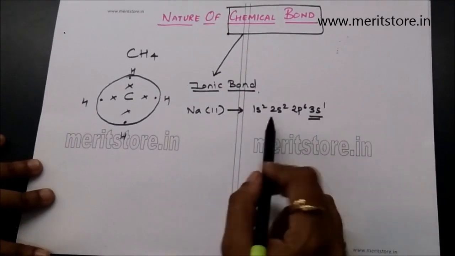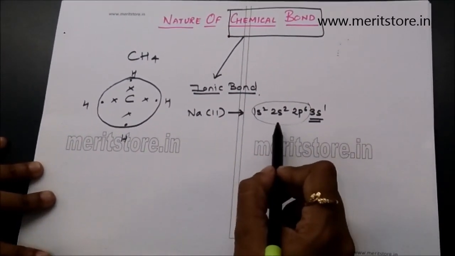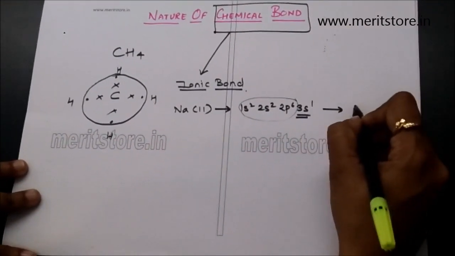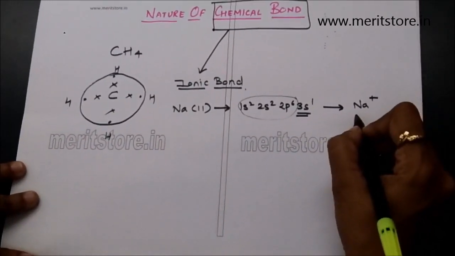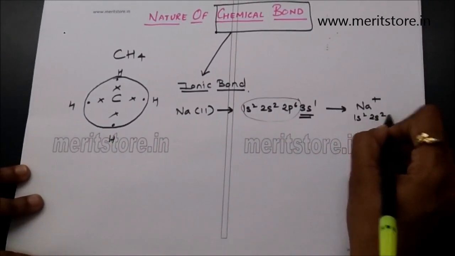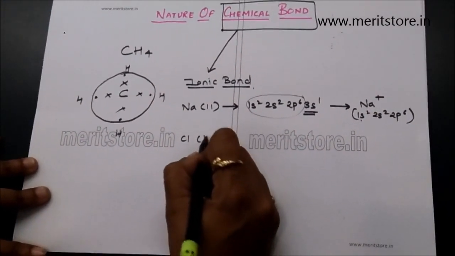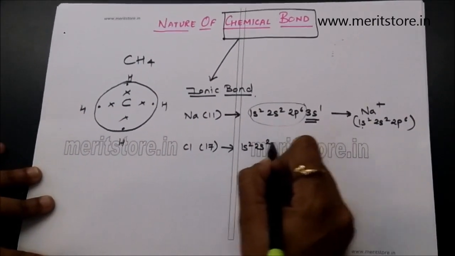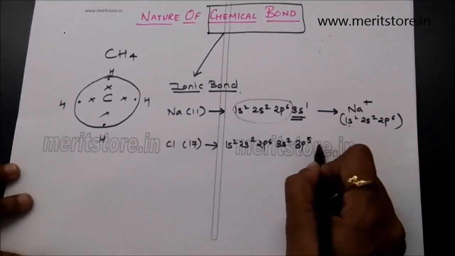If it donates it, the remaining configuration is the stable configuration of neon, which can be achieved by the sodium. So when it donates that particular electron, Na becomes Na+ with a stable configuration of 1s2, 2s2, 2p6. In the case of chlorine, with atomic number 17, we have the configuration 1s2, 2s2, 2p6, 3s2 and 3p5.